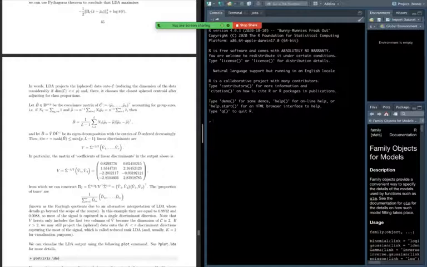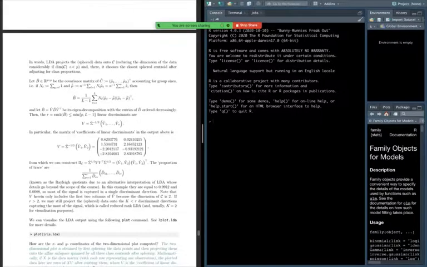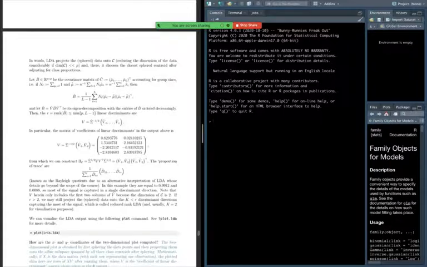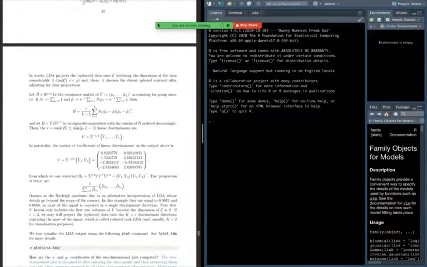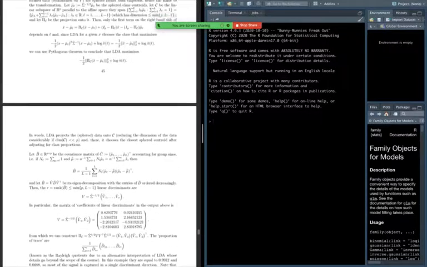If you had the V's instead of the V tildes, what you would be doing is saying, let me first take my data which hasn't been sphered, then I sphere it, I project it onto C, and then I bring it back to the world of non-sphered data. So that is what this is doing, and that's what you do with V.